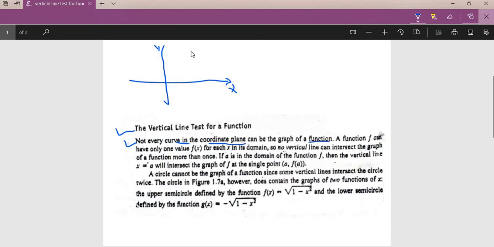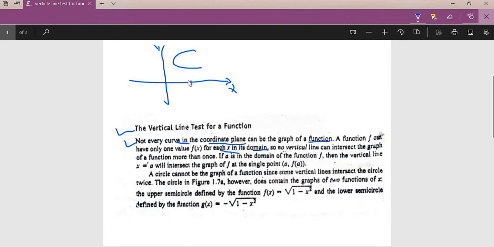Let's say that we have a graph like this. This is a graph of a function. A function f has only one value f of x for each x in its domain.